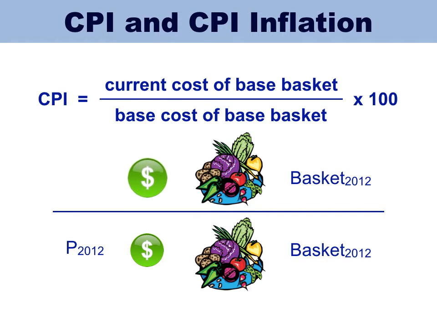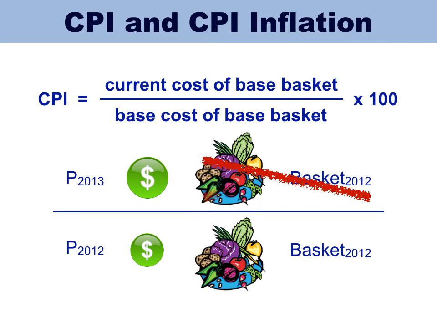And when we want to move on to 2013, the only thing that is changing is the price in the numerator. Right? So the basket remains constant. That is, the government chooses a basket, and that basket is used year after year after year. And then there will come a point when the government might change that basket and then use it again for a number of years.